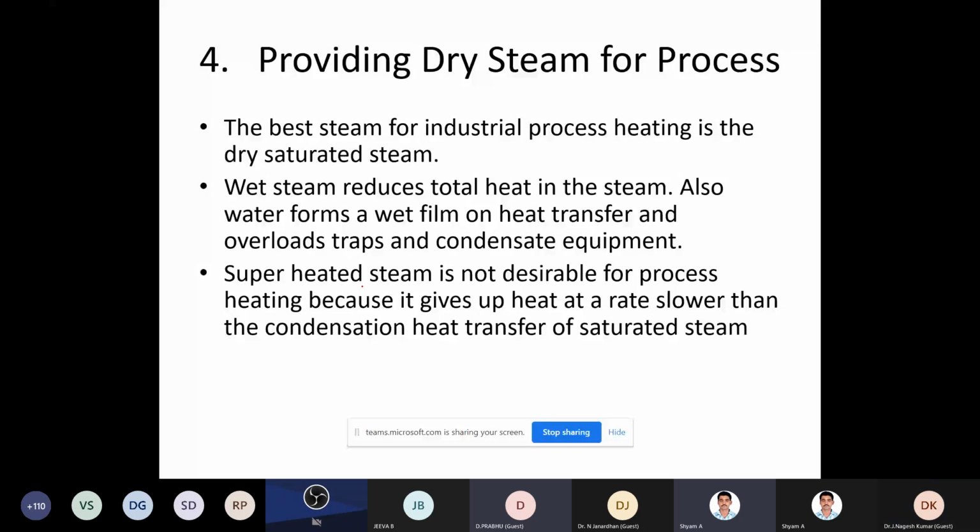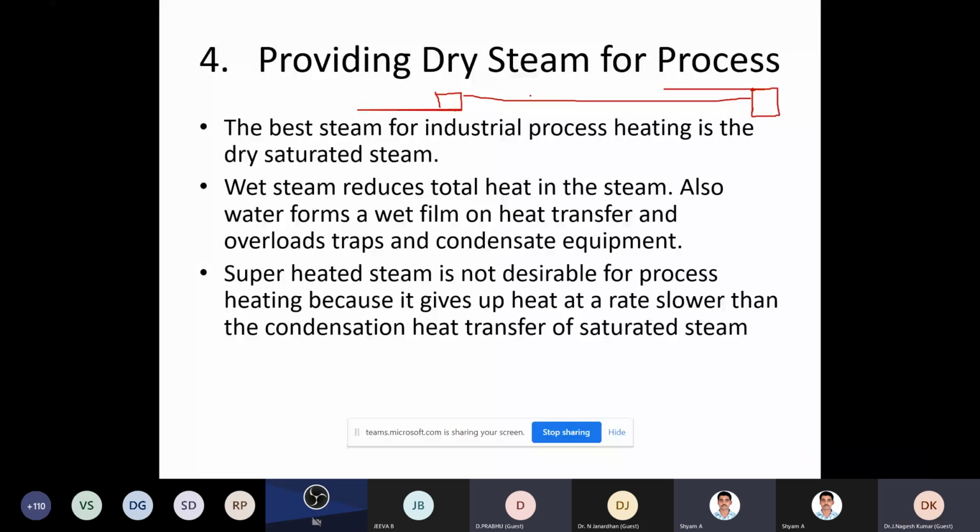Or this happens normally in a typical case, if you take a boiler. From the boiler, there's a huge distance to a process, say more than 600 to 700 meters.